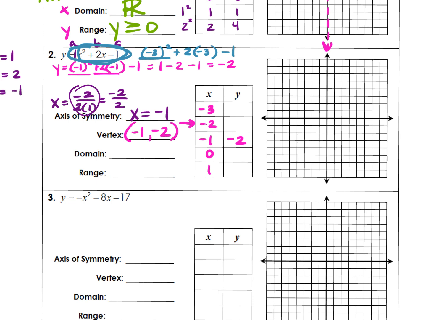So that's 9 minus 6 minus 1. 9 minus 6 is 3, minus 1 is 2. So you get a 2 right here. But again, you can just plug that into your calculator.